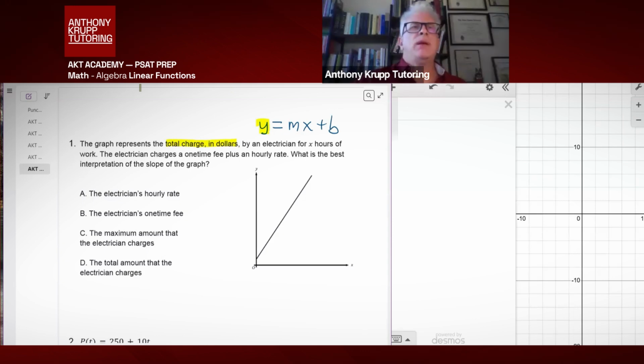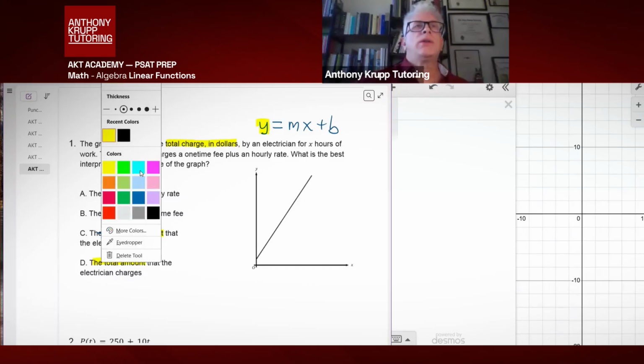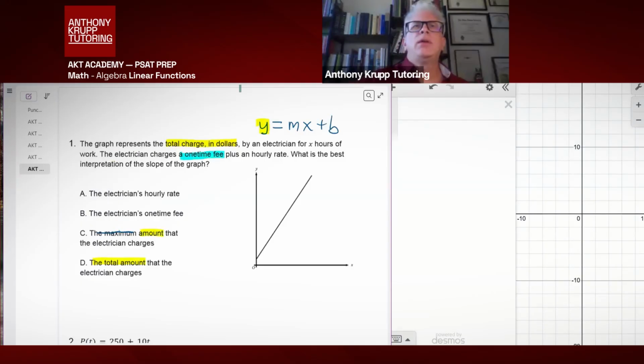And money would be an amount that somebody charges. The idea, by the way, that there would be a maximum amount is crazy. You keep hiring him, he'll keep working. This is not a curvilinear thing. This is a line.